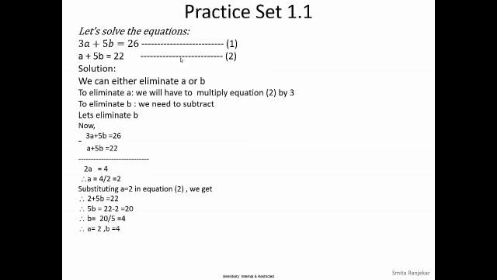You can check your answer by substituting a is equal to 2 and b is equal to 4. 3 2s are 6 and 5 4s are 20. So 6 plus 20 is equal to 26. Same way, 2 plus 20, 5 4s are 20, is equal to 22. So both equations are getting satisfied. Therefore, our answer is correct.